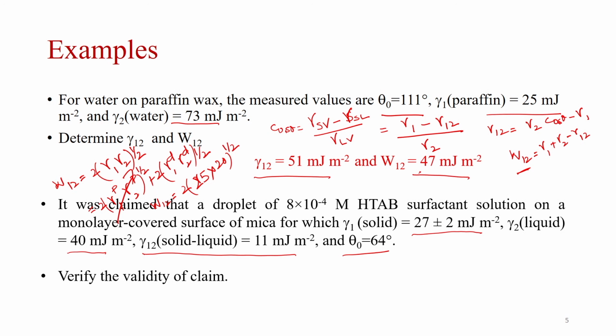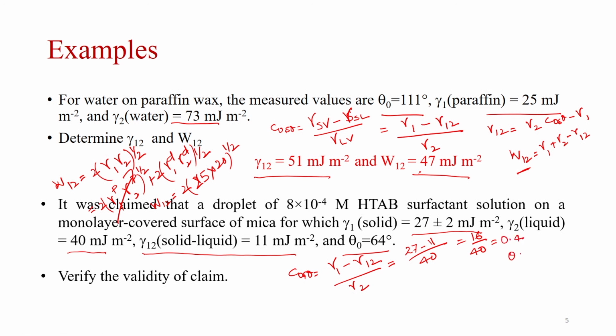So, one simple step is to calculate cos theta, which using Young's equation will be gamma 1 minus gamma 12 divided by gamma 2. This will be 27 minus 11 divided by 40, so 16 divided by 40, which comes out to be 0.4.